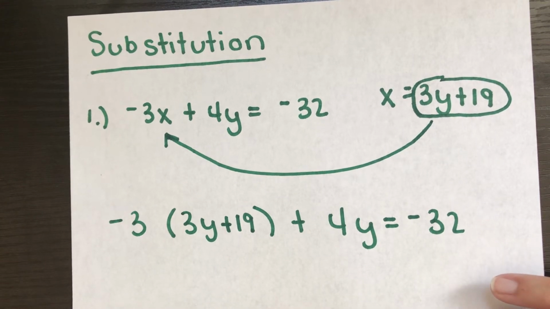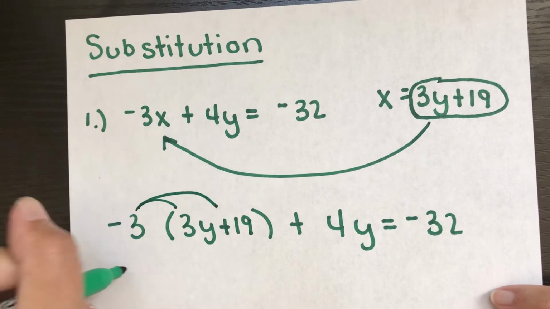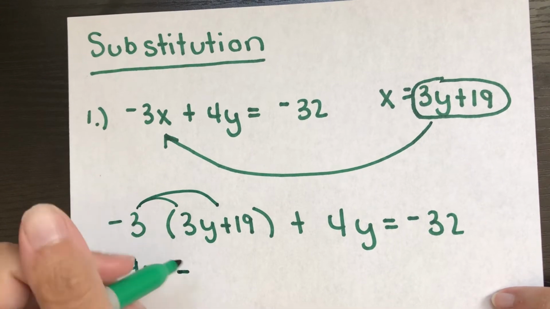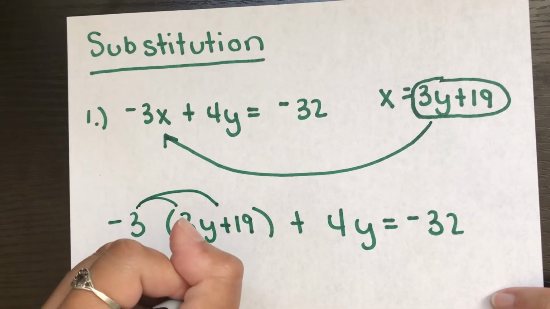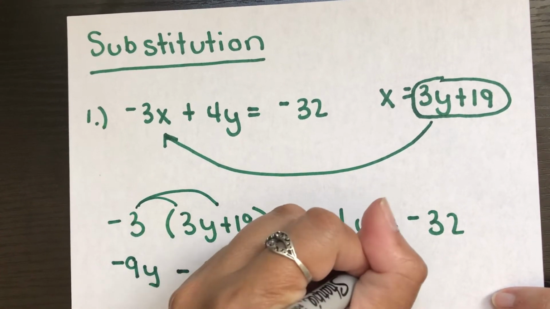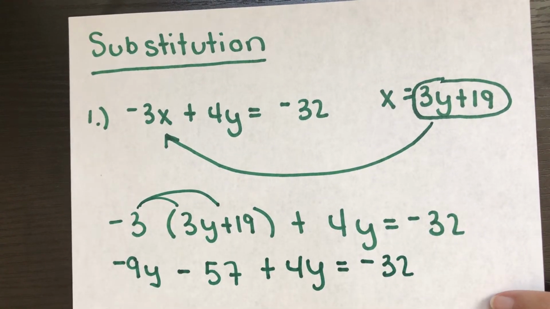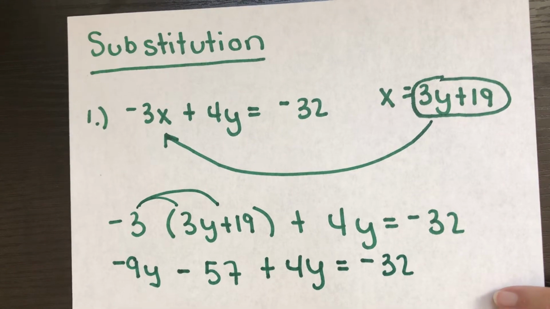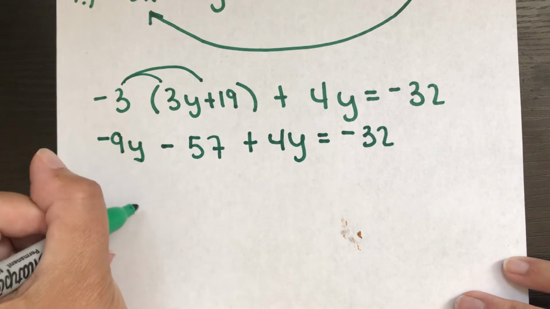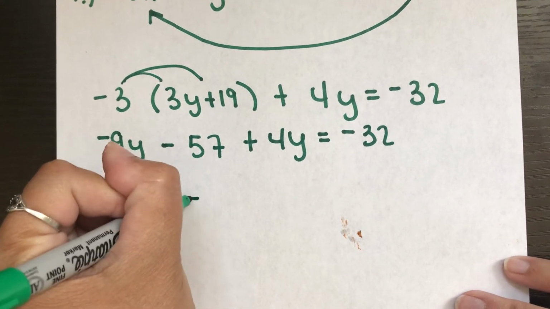So in this example, I'm going to distribute the -3 to remove the parentheses. I get -9y minus 57 plus 4y equals -32. I am then able to combine like terms. -9 and +4 is -5y.